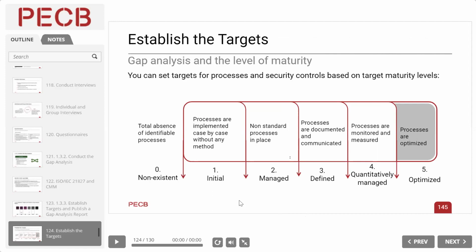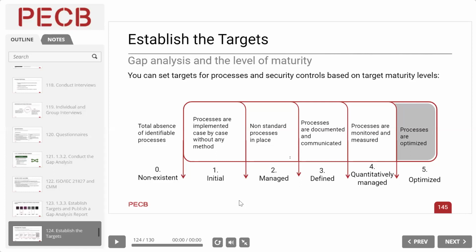Then initial: processes are implemented case by case without any method. So today you do it this way, tomorrow you do it this way, the next day another way. There's no method, there's no standard. It just depends who you ask to do it. They will do it their own way.